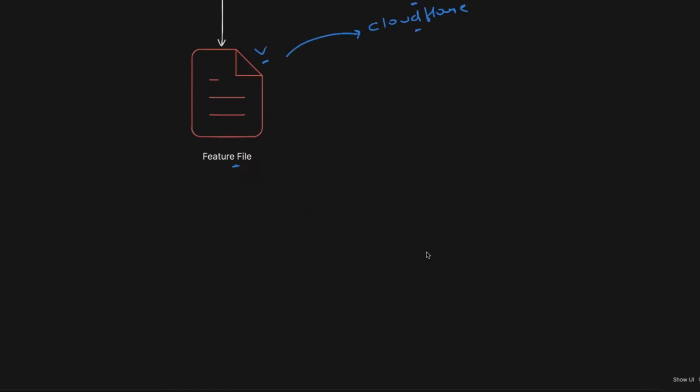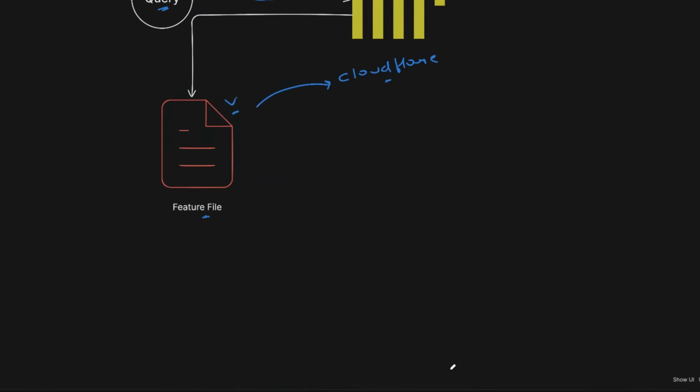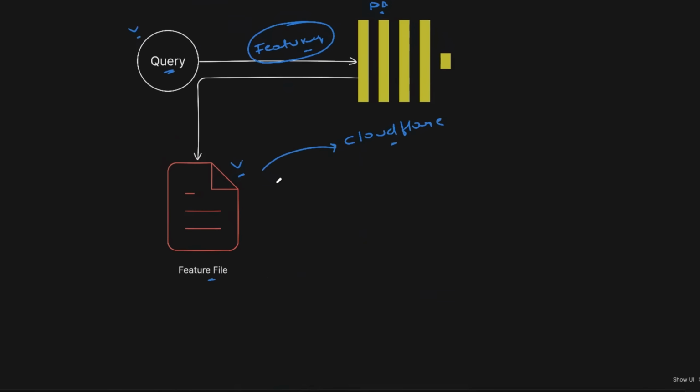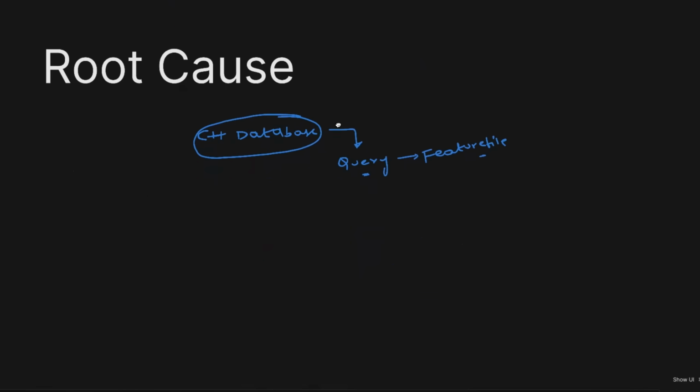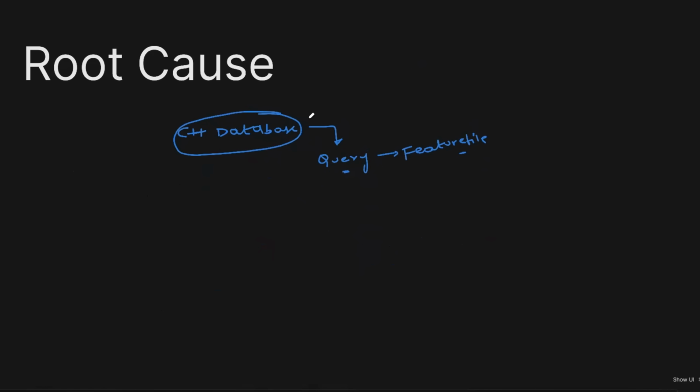So they actually changed permissions of this ClickHouse database. And this change accidentally made the query that they are running produce duplicate entries in the feature file, right? So if this feature file previously was adding entries like feature A, feature B, feature C, now, because the database permissions impacted the query, they had duplicate entries in the feature file.